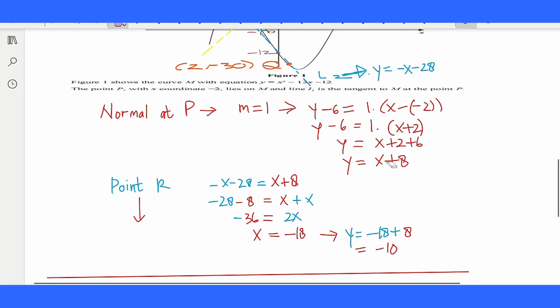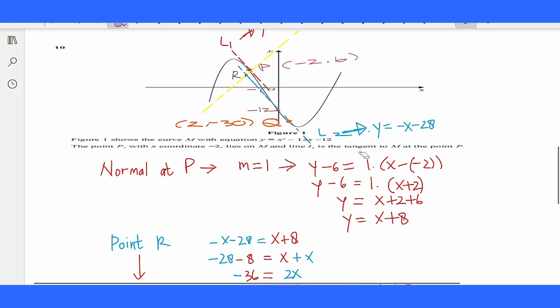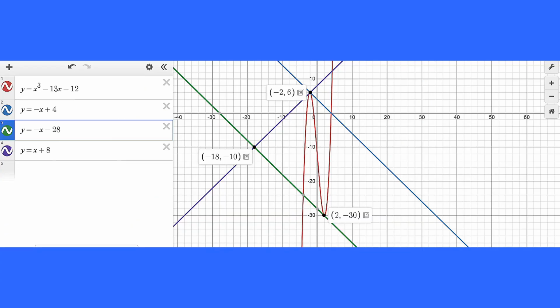And how do we get the y part? We just plug into one of these equations, either L2 or the normal line equation. Plugging in negative 18 into the normal, we get negative 18 plus 8, that is negative 10. So guys, this is the sketch of the graph. This is the curve M, this is L1, and this is the normal at P. This is point P, this is point Q, this is L2.